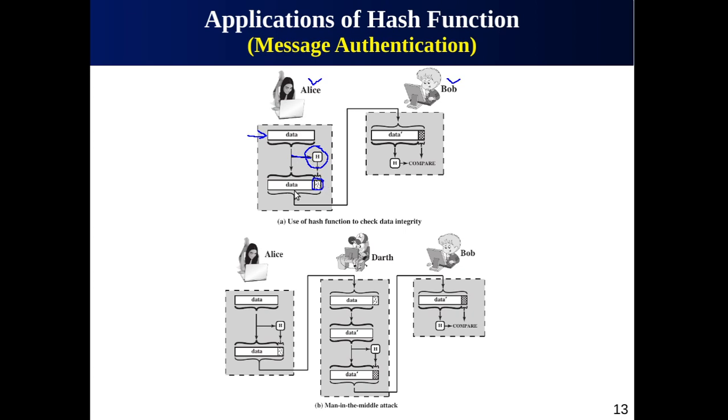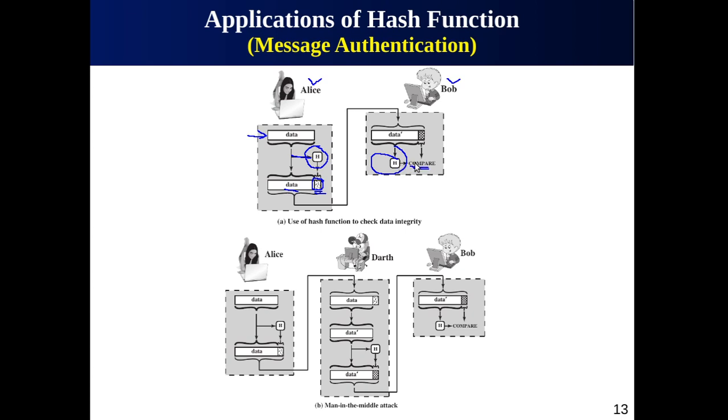And then she will send these two items, the data and the hash value, towards the receiver, which in this case is Bob. The receiver will perform the same hash calculation on the message bits. And as I just mentioned, the receiver will compare the hash generated from this function with the hash that was sent with the message by Alice.